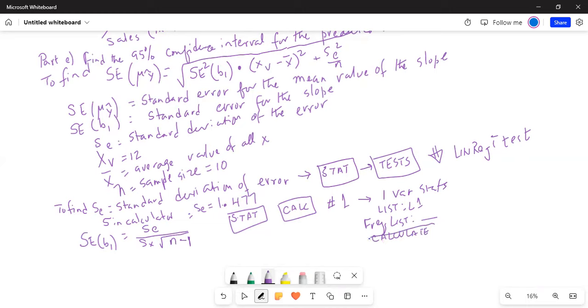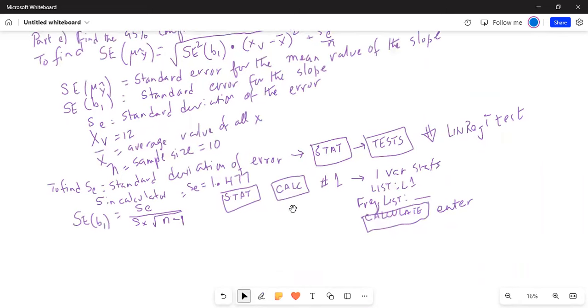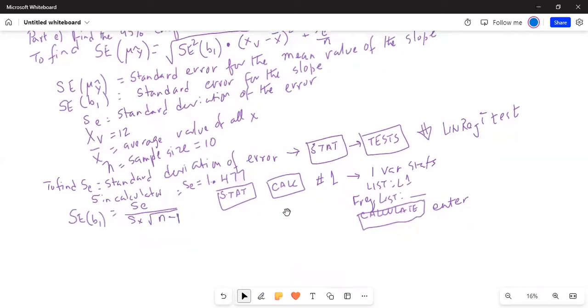So we are interested in X bar, the average of all X, after calculate, is equal to 10.4.